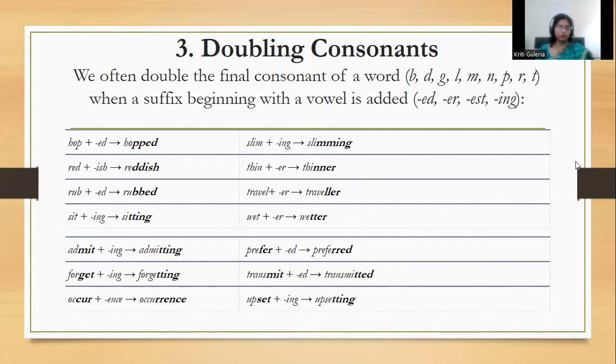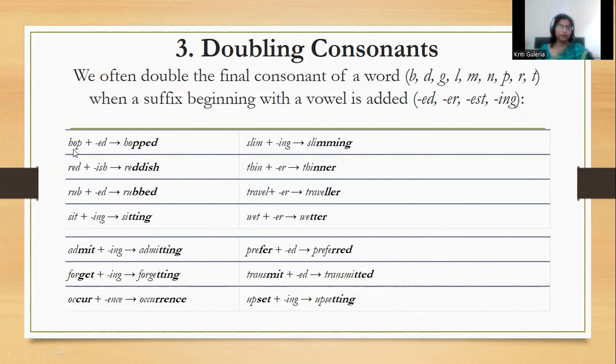So what we do: when a suffix begins with a vowel, we have to double the final consonant of the word. Again, listen. When a suffix begins with a vowel, we have to double the final consonant of a word.